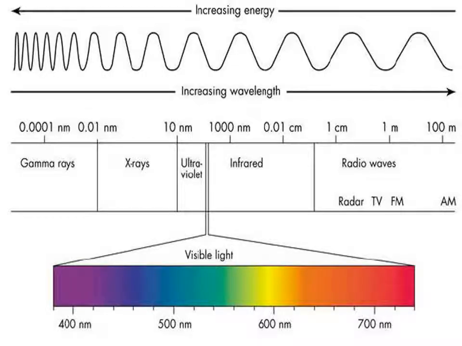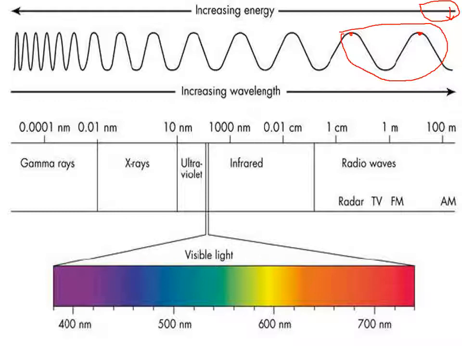As you can see from this picture over here, for something like radio waves or microwaves, the higher the wavelength, the lower the energy, because energy increases from right to left in this picture. This is a long wavelength, a large wavelength, but there's low energy, which is what's meant by inversely proportional.